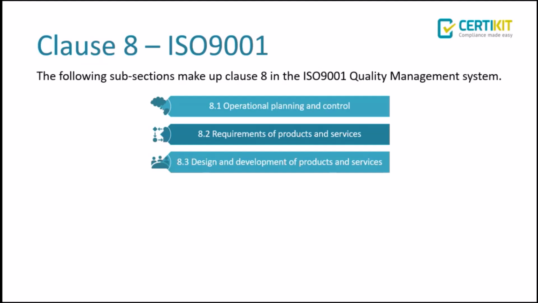Clause 8.3, design and development of products and services. Organisations follow a structured approach to design and development, including identifying design inputs, conducting reviews, verifying designs, and validating them to ensure they meet the specified requirements before moving into production. This is your checksum for your products and services.